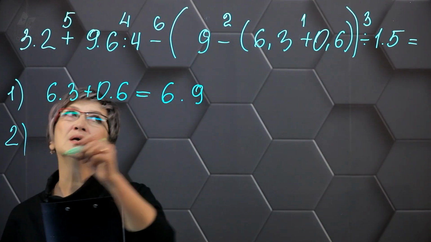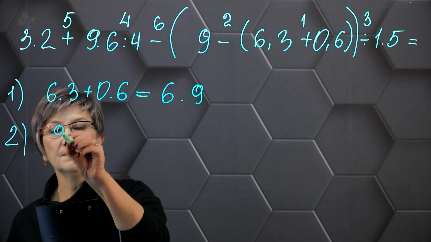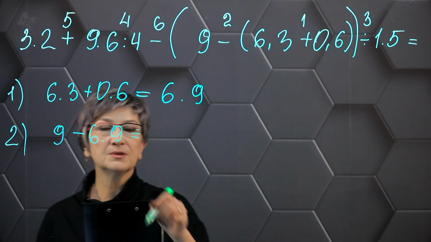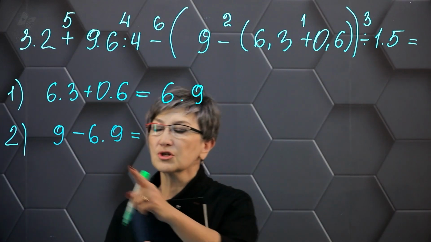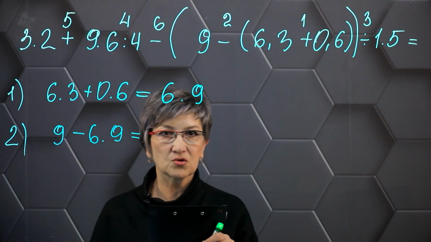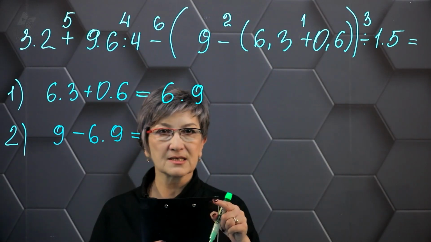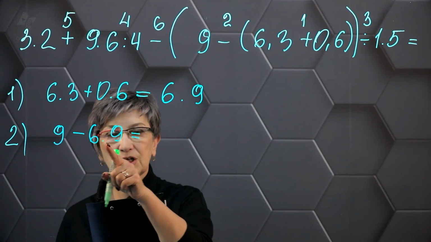The second action, our plan is to subtract from 9 the number 6.9. Let's take our time with this action, because I have to write this down in a column. But I remember that I have to have the decimal point under the decimal point in subtraction and addition.